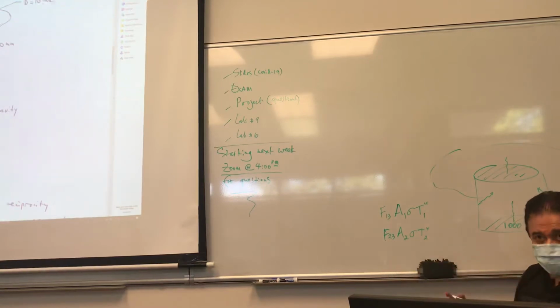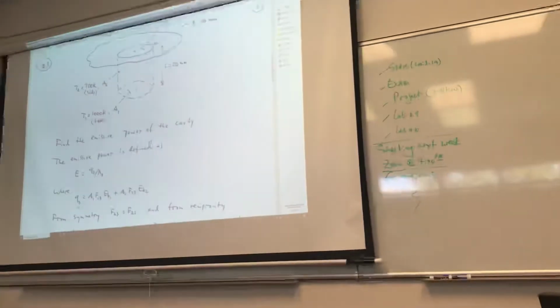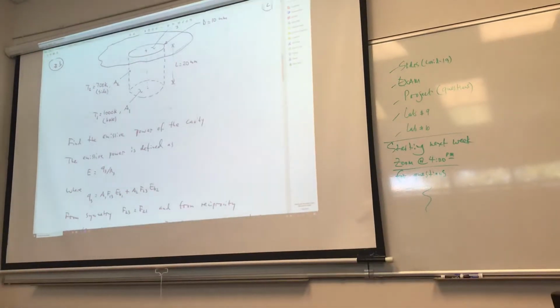That's what shape factors are, okay? So the amount of energy coming out of the top of the cavity, which is A3, is simply the fraction coming from the base plus the fraction coming from the side, okay?